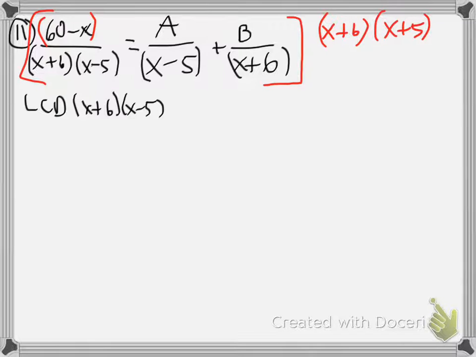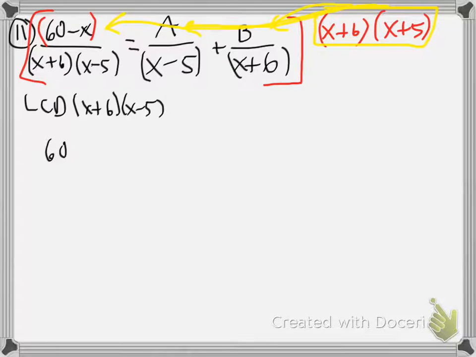So when you do that, you're going to go this whole thing times b, this whole thing times a, and this whole thing times 60 minus x. So I'm going to rewrite it in long because if you're doing this correction, you probably were confused on how to do it.